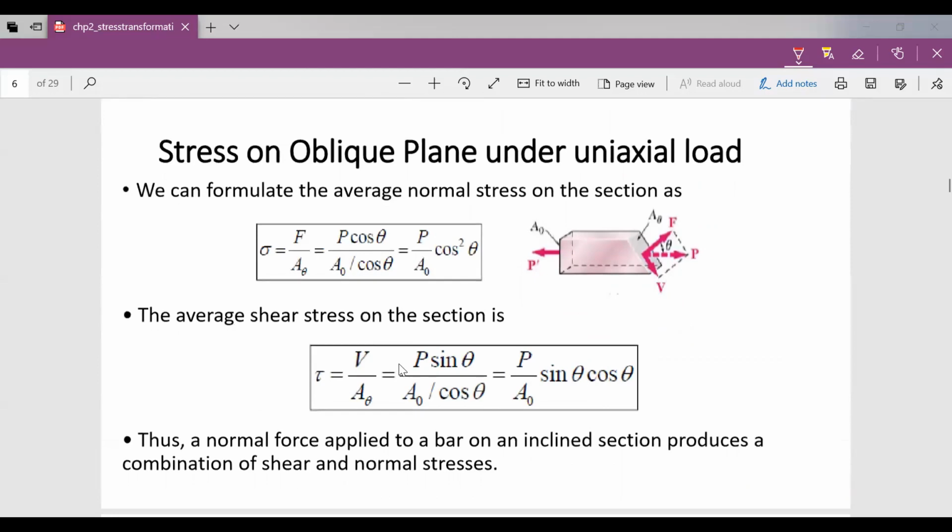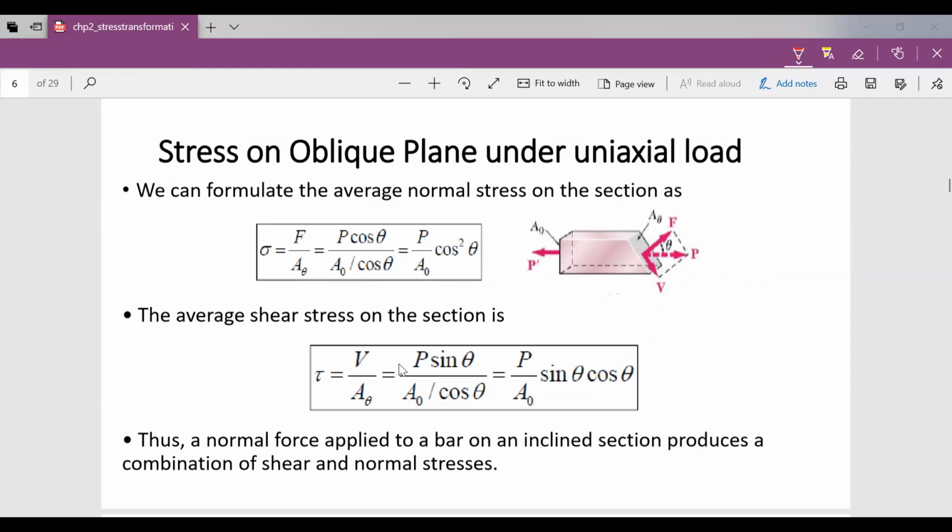Stress on an oblique plane under uniaxial load. We can formulate the average normal stress on the section, sigma. Stress is force over area, so using these sections we can identify that sigma equals P cos theta over A naught over cos theta, which equals P over A naught cos squared theta.